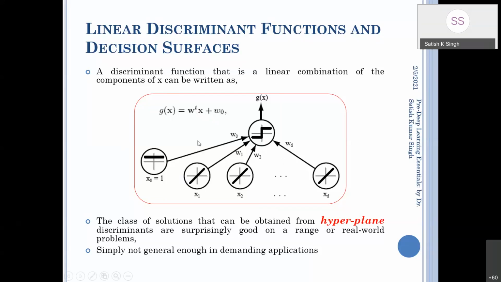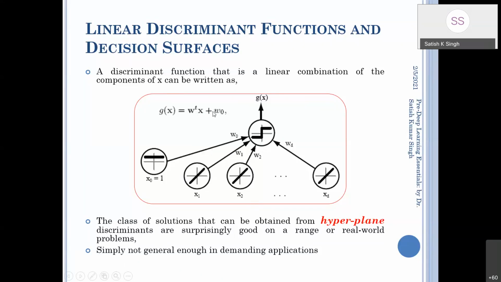It means a discriminant function that is a linear combination of components of X can be written in this form. The class of solutions that can be obtained from hyperplane discriminants is surprisingly good on a range of real valued problems. It means a variety of problems can be solved even by this representation, but it is simply not general enough in demanding applications.